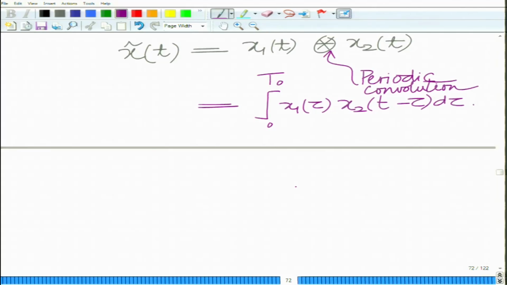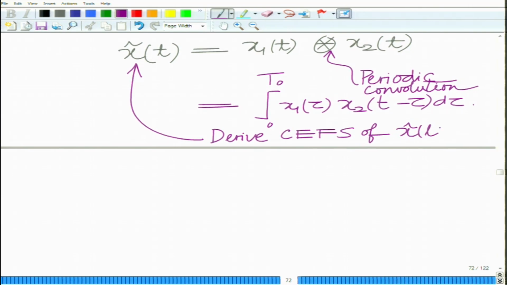Okay, and now let us derive a property of this periodic convolution. What we want to do is derive the CEFS of x tilde t given the CEFS of x1 t and x2 t.